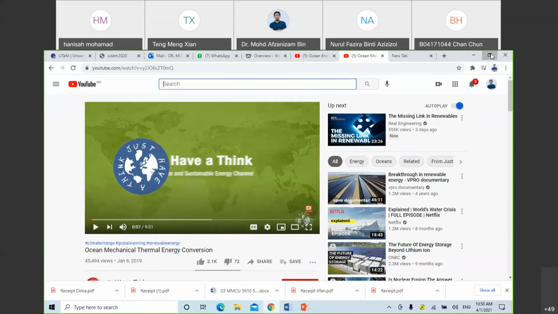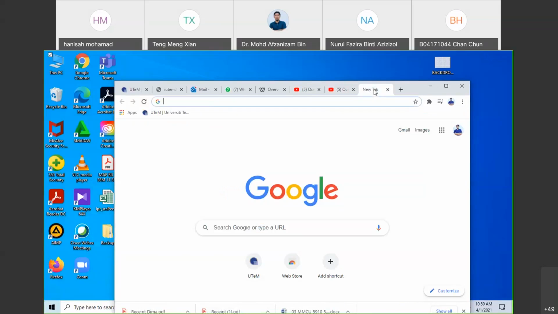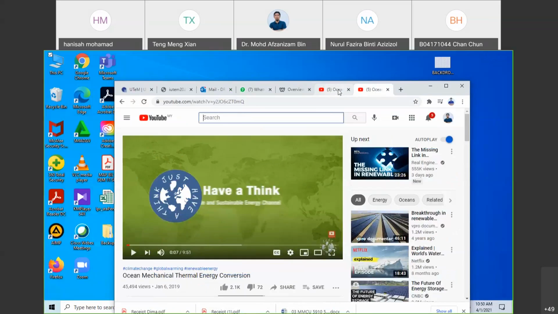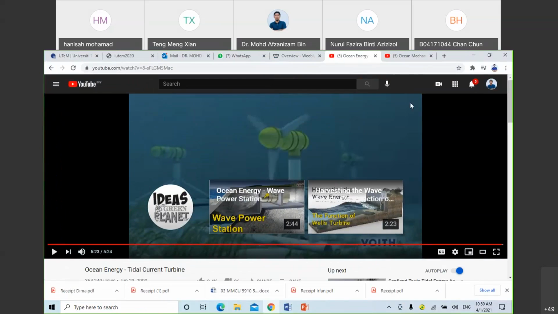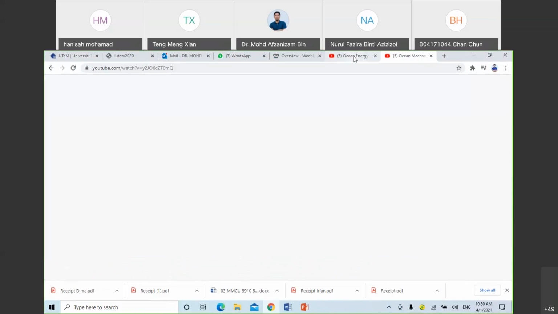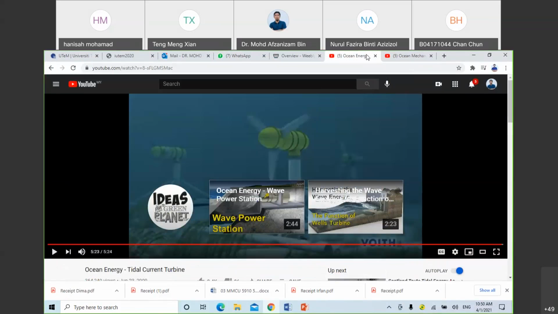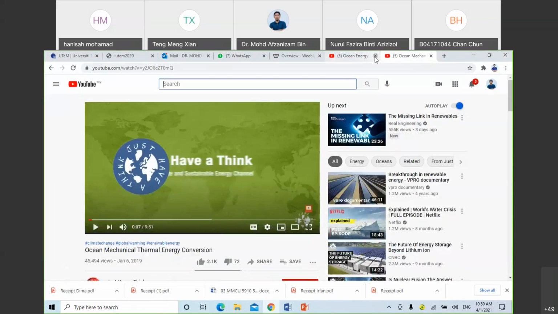If you want to go for tidal energy, you need to prepare those facilities to ensure that you can sustain all the power output in terms of the generated power.